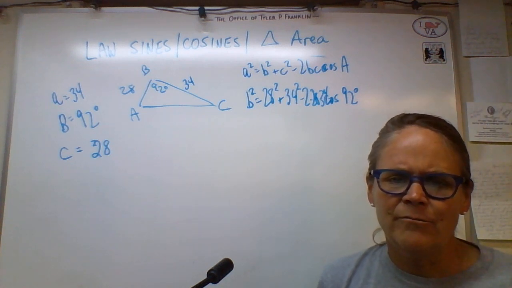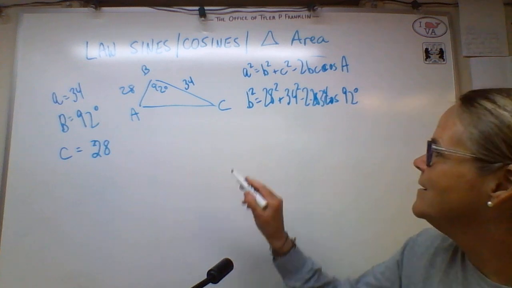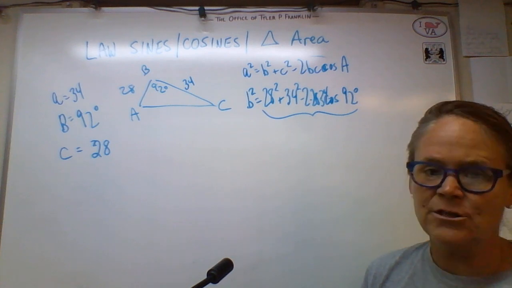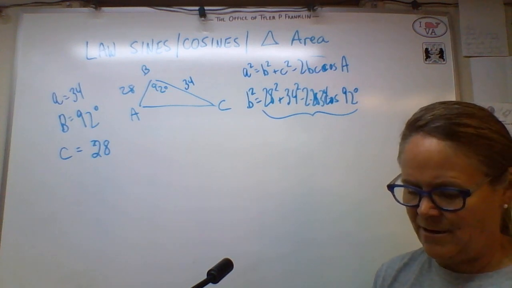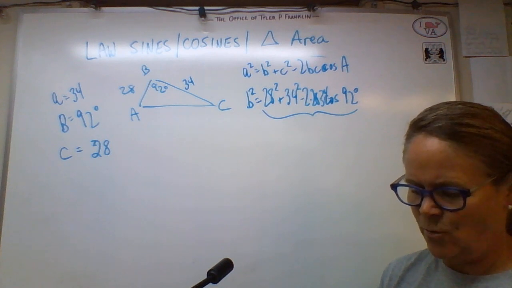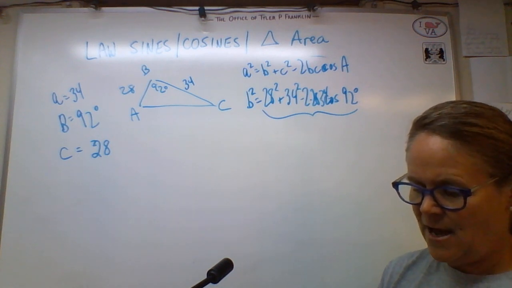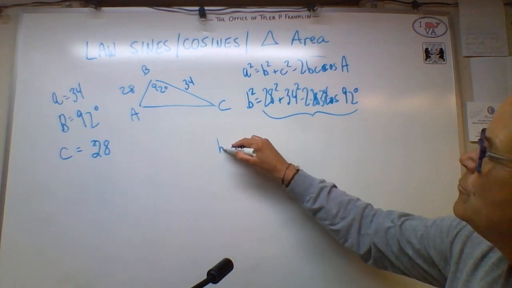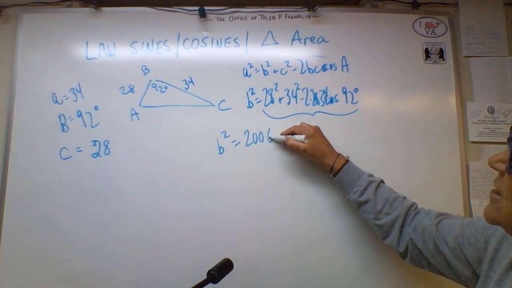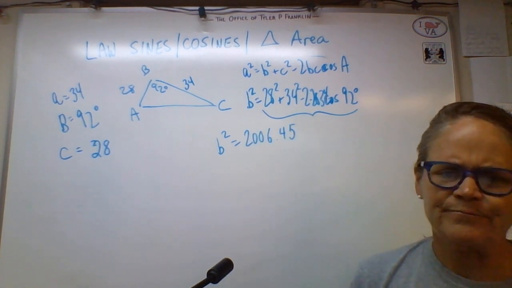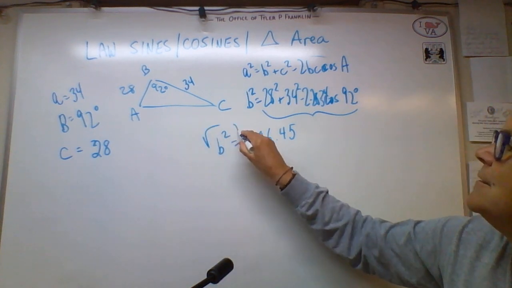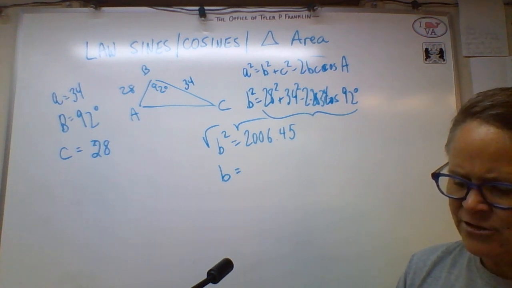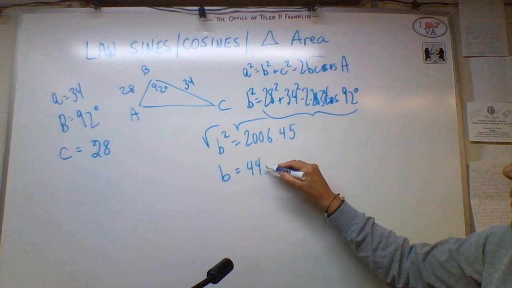Now, this is the easy one, sort of calculating. That all goes in. So I'm going to put in my calculator, 28 squared plus 34 squared minus 2 times 28 times 34 times the cosine of 92 degrees. And I get B squared equals 2006.45. Well, that's B squared. To get B, you square root that answer, and that is 44.8.